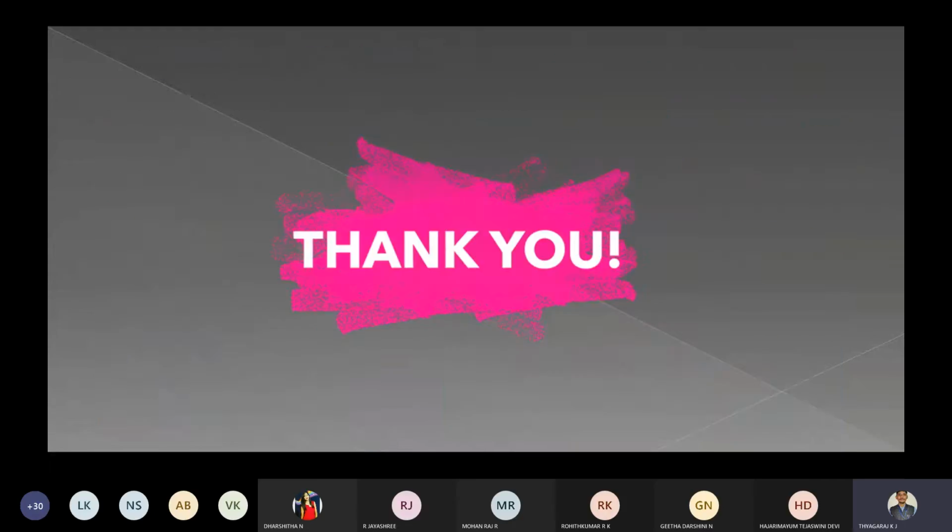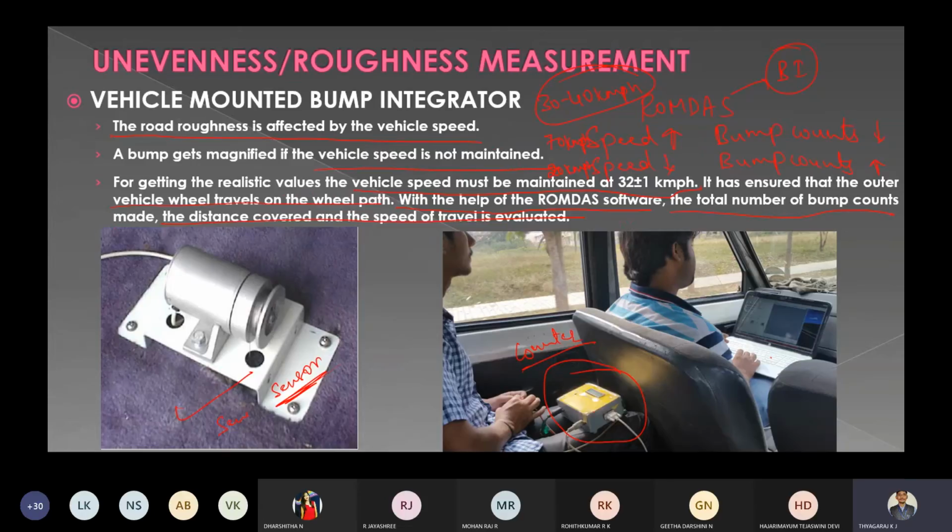So whenever you move a vehicle with the integrating unit, it should move along the wheel path. I will tell the abbreviation of Ramdas software, kindly note it down.